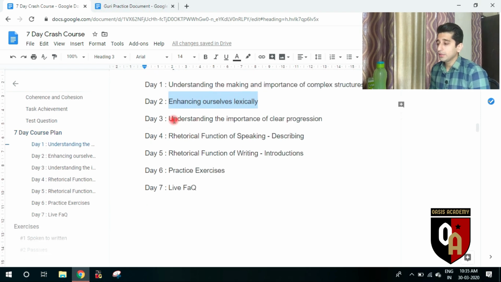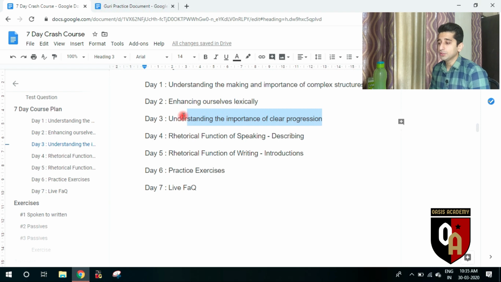In day three, we are going to study coherence and cohesion, and how we can work upon that, and we're going to go through some samples of essays which can give us an idea of coherence and cohesion.